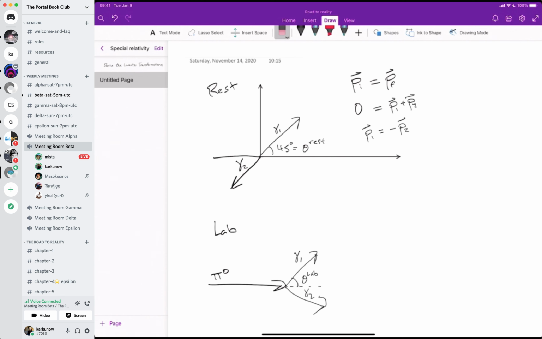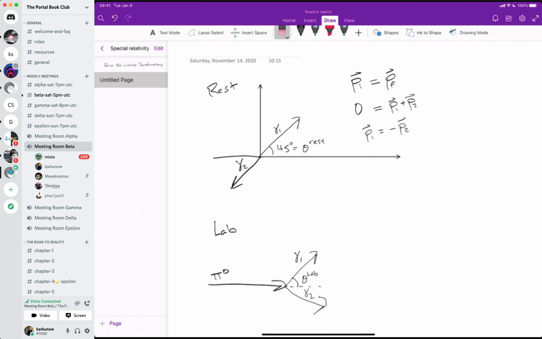Yeah, so this only works because we're in the rest frame of the pion, and there's no preferred direction when the thing's at rest. Basically every pion decay is the same from its point of view, except for the rotation of the whole system. Right, yeah.